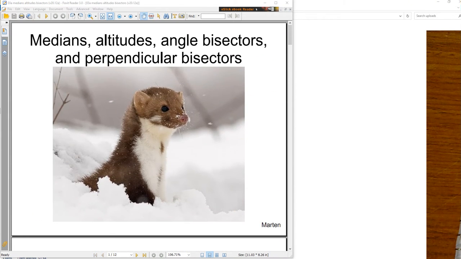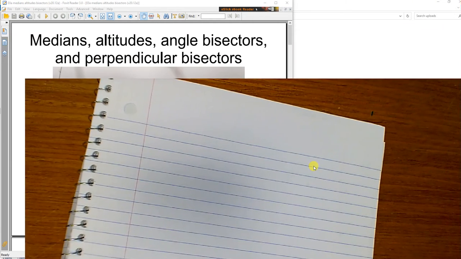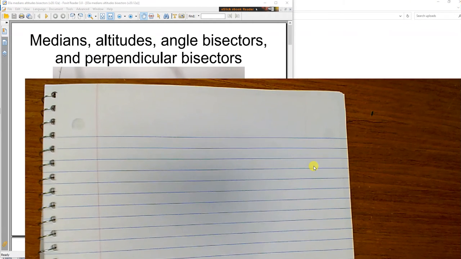Let's start with our name on this one and our big, crazy title. Medians, altitudes, angle bisectors, and perpendicular bisectors.